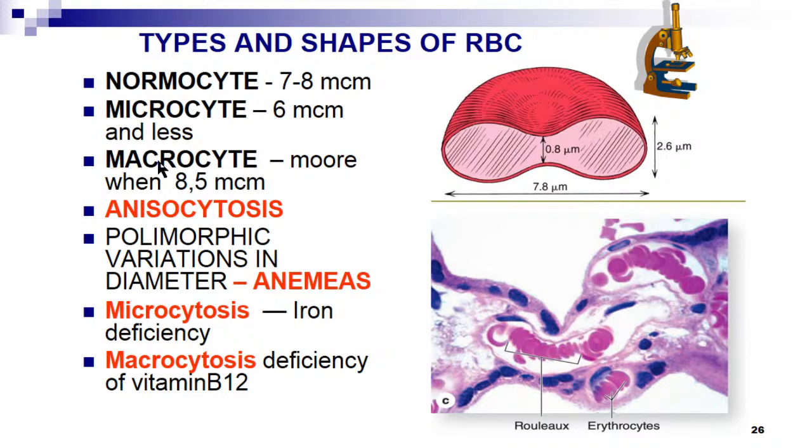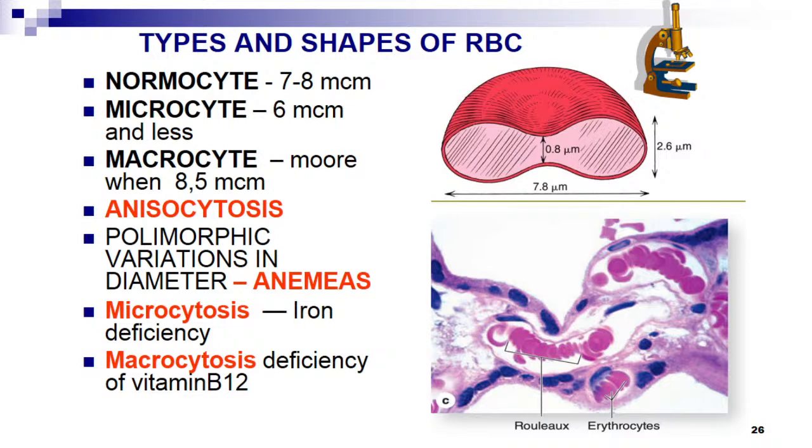If more than 8, macrocytes, more than 8.5 micrometers. The blood condition in which polymorphic variations in diameter are best seen is named anisocytosis. So anisocytosis is a functional condition of blood characterized by polymorphic variations of cells in diameter, I mean red blood cells. And ordinarily it happens in anemia.